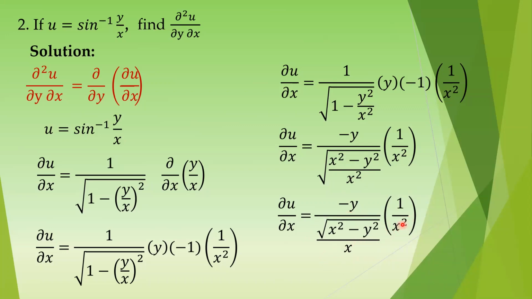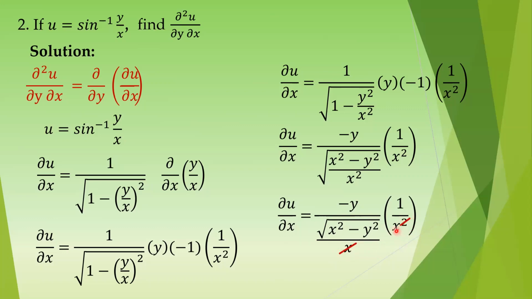Ngayon dito, since ito ay 1 over x squared, pag multiply mo ito, itong 1 kasama doon, diyan sa negative y. Pwede mo isama dito sa harap ng square root. So makikita mo, meron kang sa baba fraction, itong x squared nasa taas, yung x sa baba. So pwede tayo mag-cancel. Kaya makakancel itong x, saka yung isang x dito.